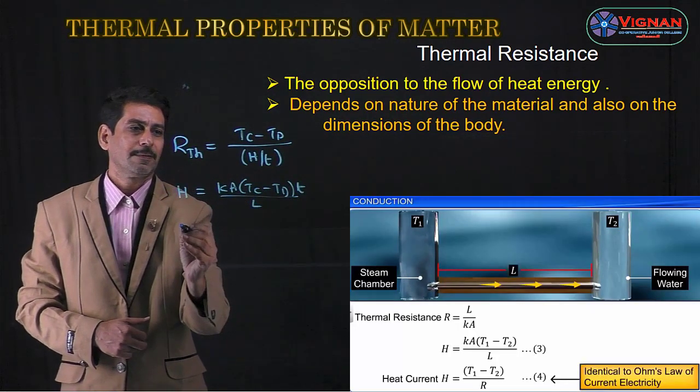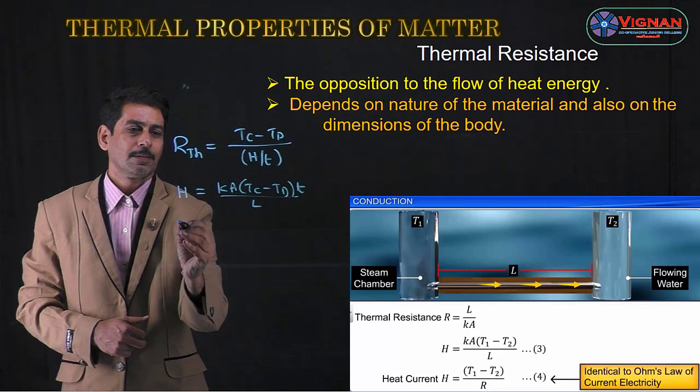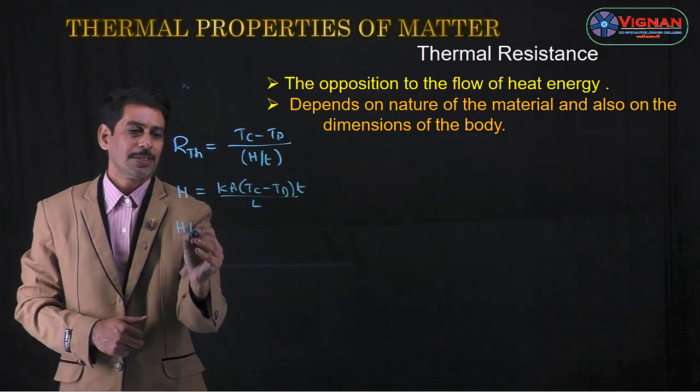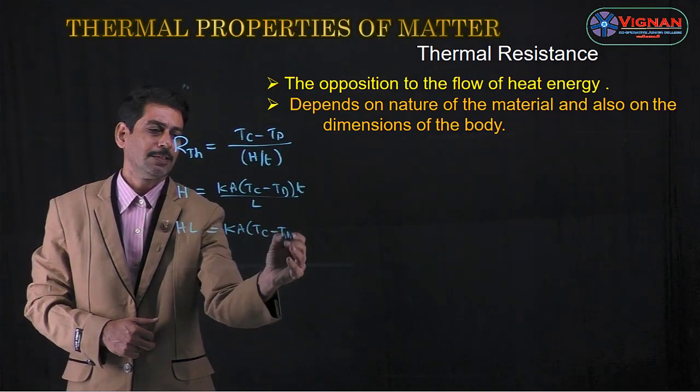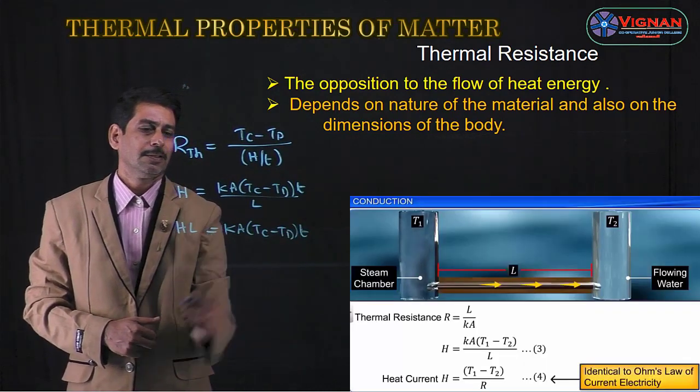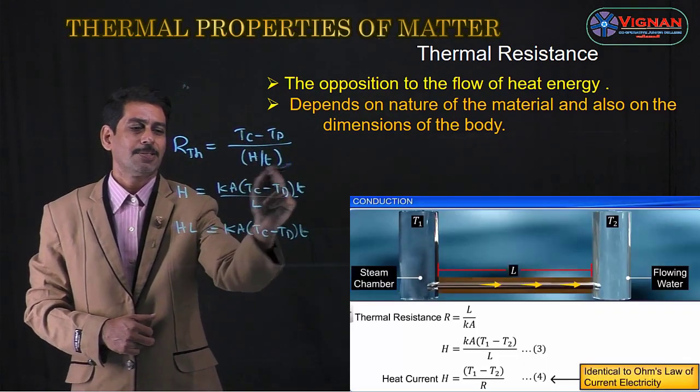From this, HL is equal to Ka (TC minus TD) into T, and we want (TC minus TD) by (H by T).